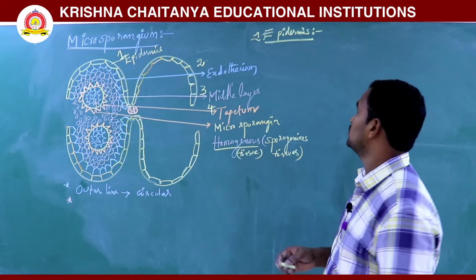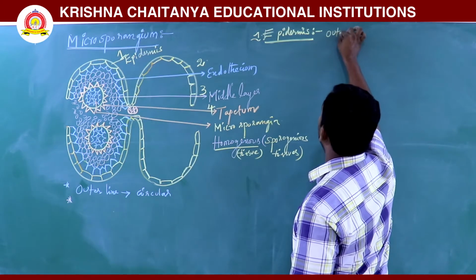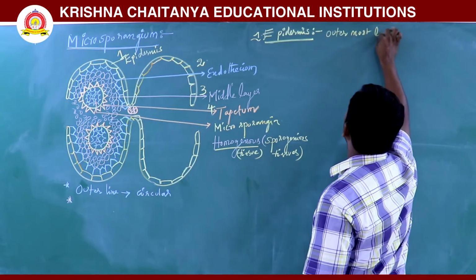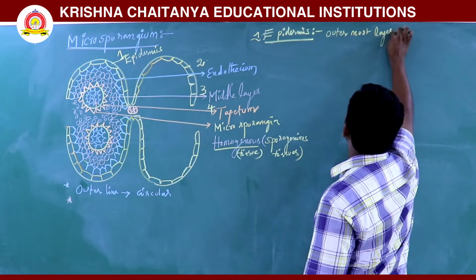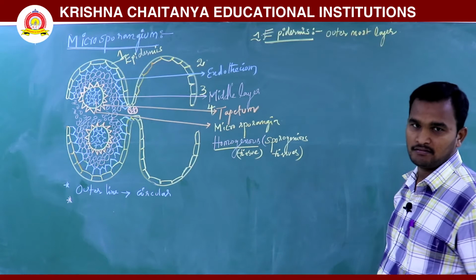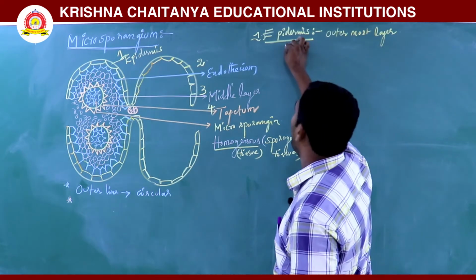The epidermis is the outermost layer. It is a single layer made up of thin walled cells.